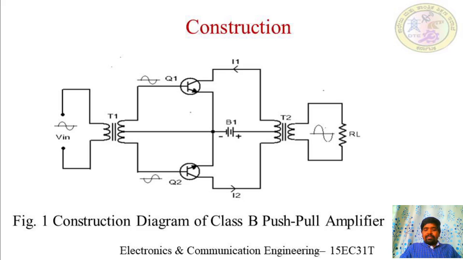And next point, in the diagram, the collectors of Q1 and Q2 are connected to the respective terminals of the primary windings of transformer T2.